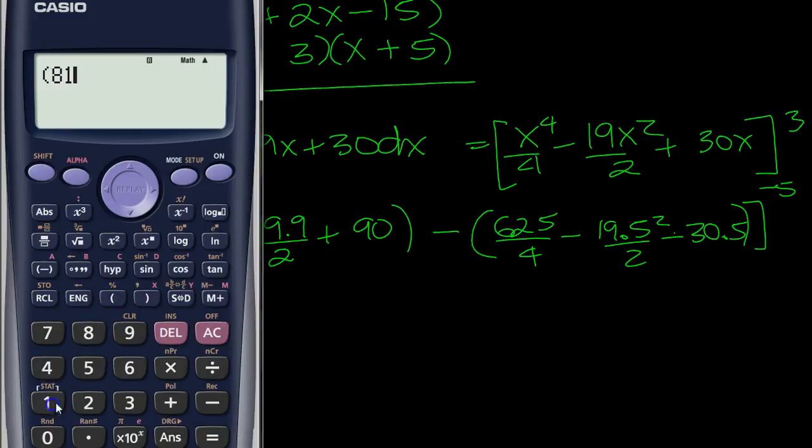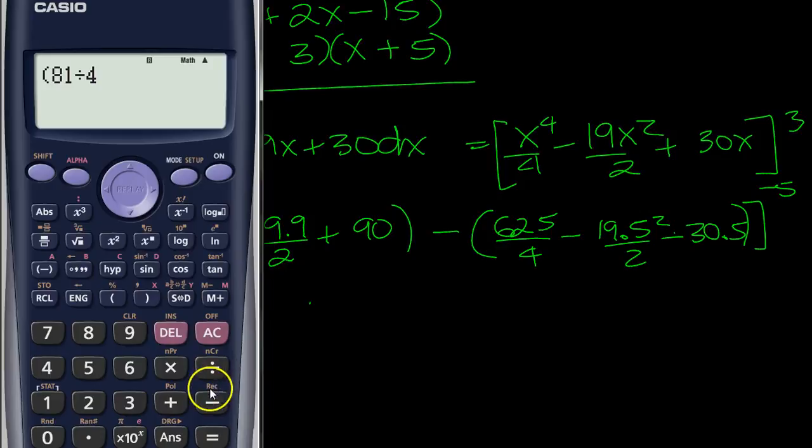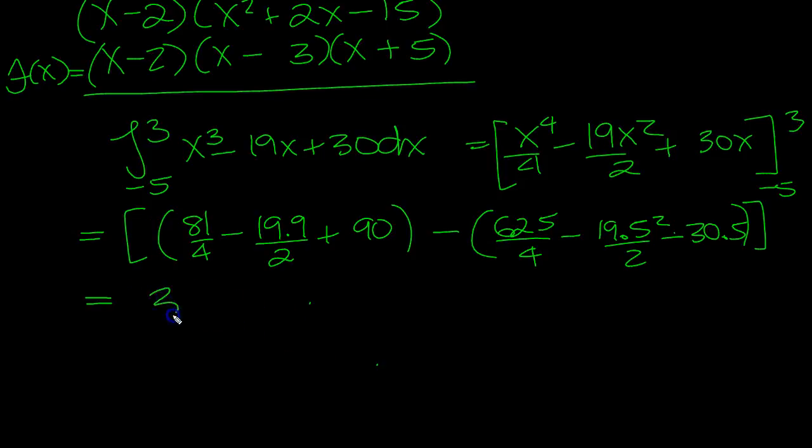So it was bracket 81 divided by 4 minus 19 times 9 divided by 2 plus 90, close bracket, minus bracket, 625 divided by 4 minus 19 times 5 squared divided by 2 minus 150, close the bracket, equals 6631 over 20, decimal 331.55.